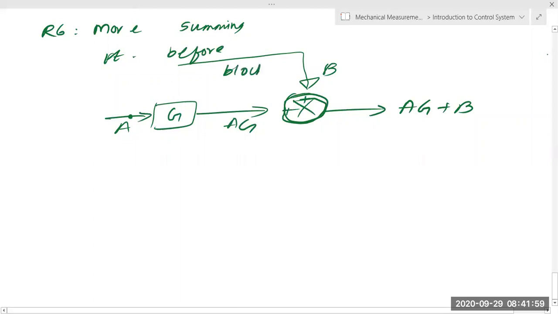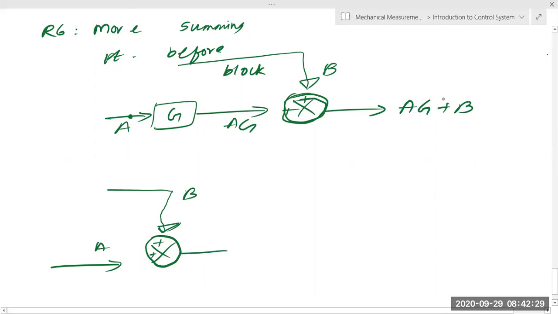If we move this summing point before the block, what is going to happen is very important. Now, see, there is a signal A, and I am changing the summing point. This is my signal B, this is my summing point, this is plus, this is plus.